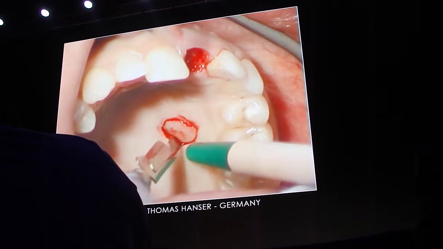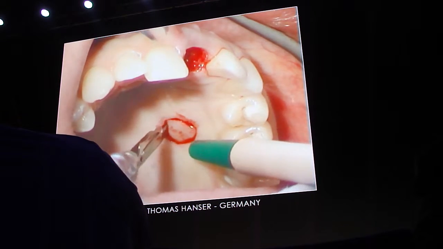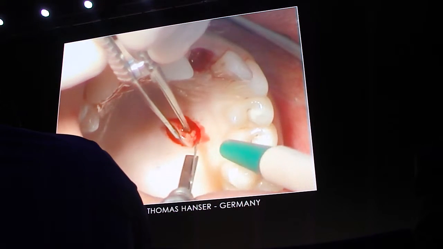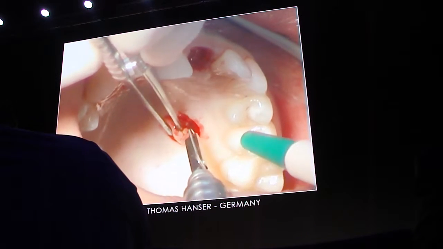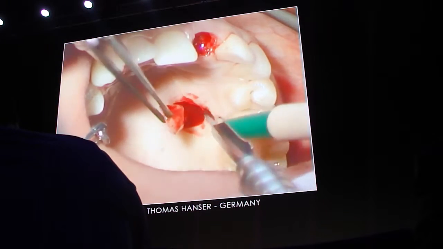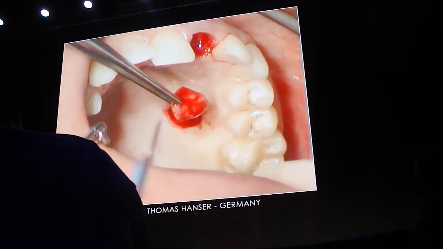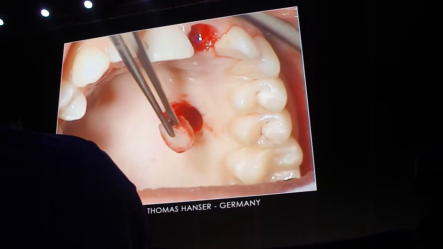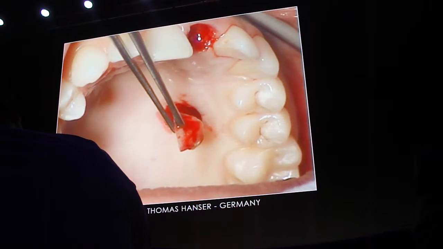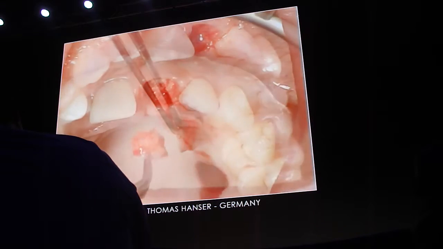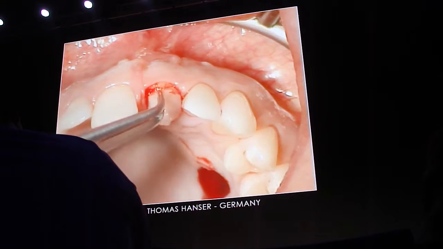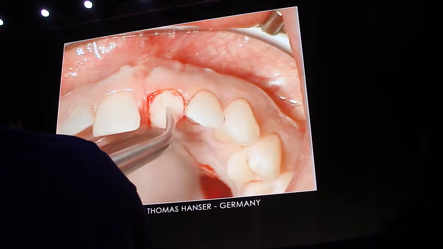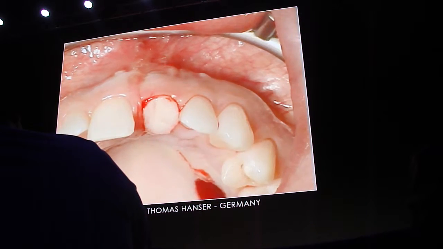According to the shape of the extraction socket, a free graft was taken from the palate, which is now used to seal the extraction socket. This soft tissue graft contains epithelium, but also connective tissue. To be successful in the grafting procedure and to avoid complications, we have to make sure not only to create a proper bone to recipient site contact, but also a soft tissue contact.